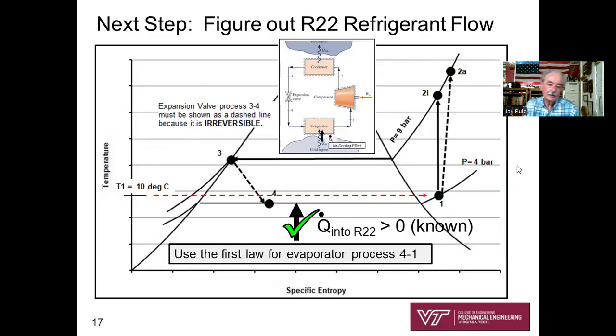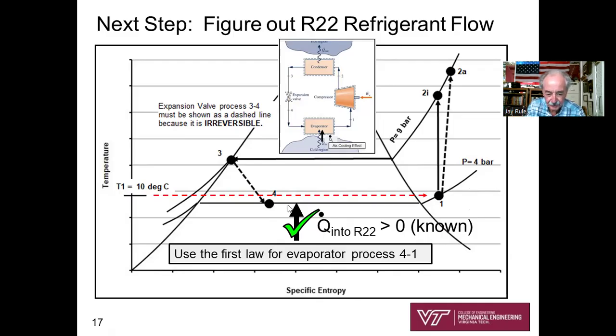The next thing let's do is figure out the refrigerant flow, the rate at which the refrigerant is going around and around and around in this cycle. What we're going to do is use the first law for the evaporator process, for process 4-to-1. TS diagram, state 4 to state 1. So let's see, now we've got Q dot N, don't we?